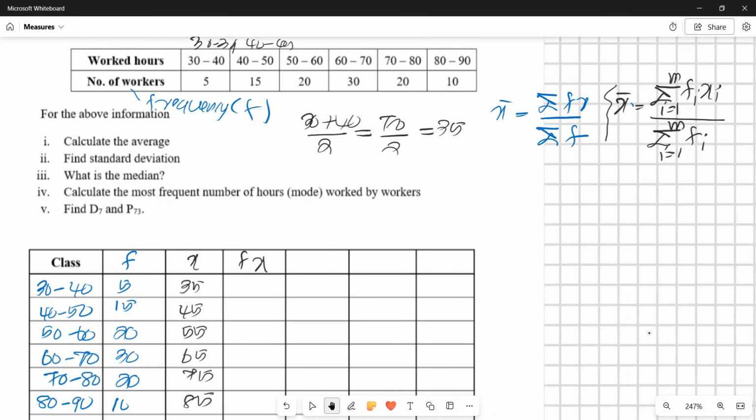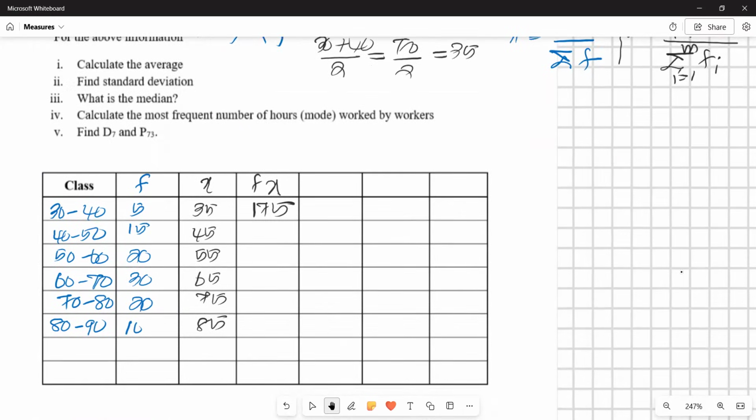Multiply 35 by 5: 175. 45 into 15: 675. Next one, 55 into 20: 1100.